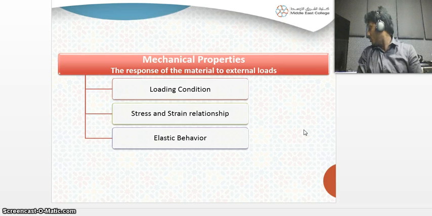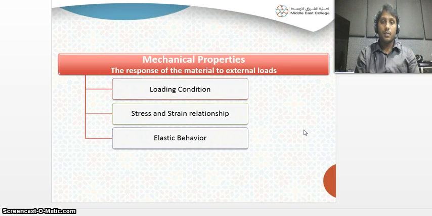How the material reacts depends on the loading conditions. There are several types of loading conditions, like dead load, live load, wind load and seismic load conditions. According to the loading condition, the response of the material may vary. And then the stress and strain relationship.